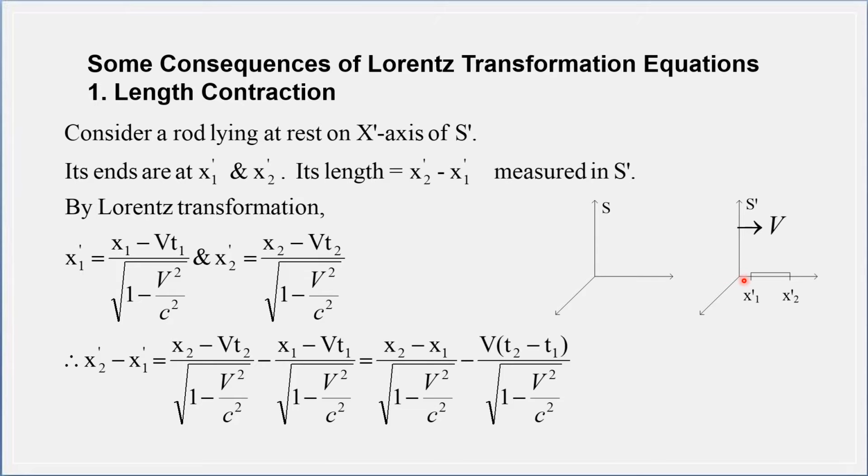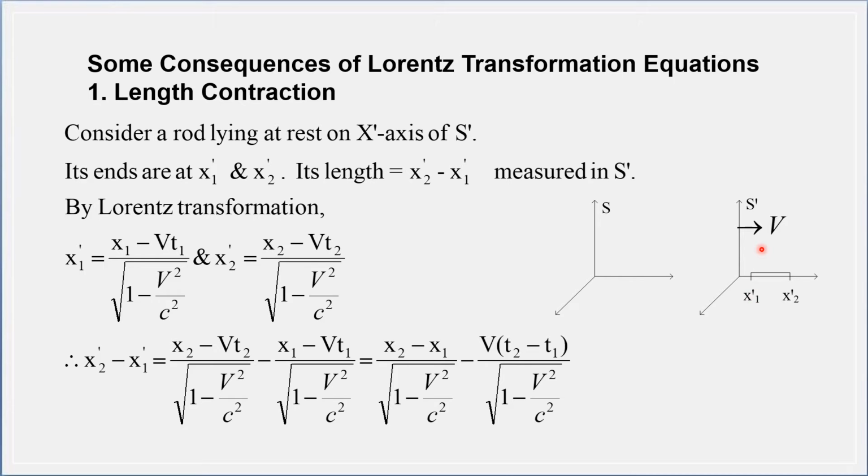Now here we have shown the x coordinates of the rod with respect to the frame S dash. They are x1 dash and x2 dash. So as measured in the second frame, the length is x2 dash minus x1 dash.